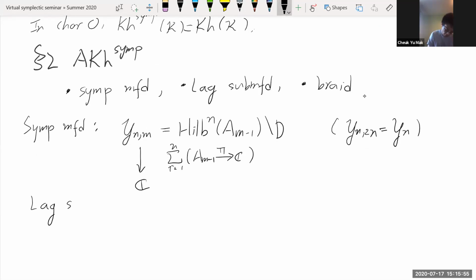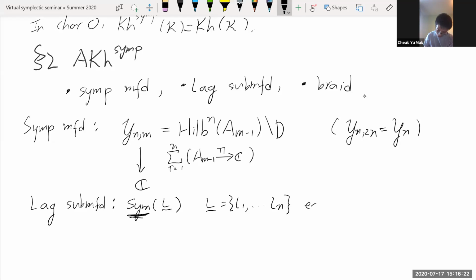And then we need the data of a Lagrangian submanifold. So what we are going to use is Sym L. This is the previous construction: L is a collection of n pairwise disjoint Lagrangians, you take the product of them and then you forget the ordering.